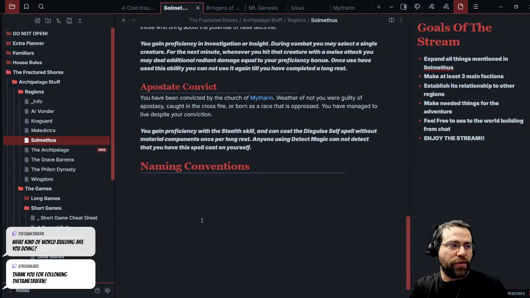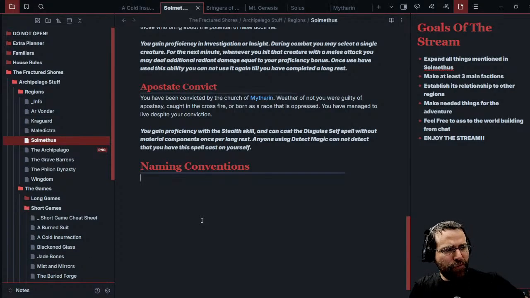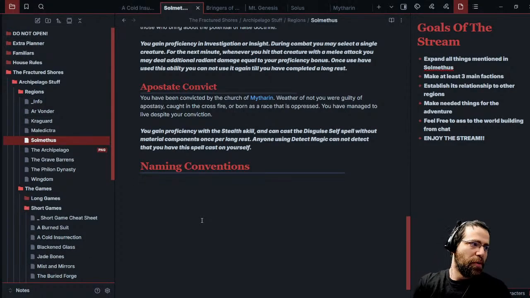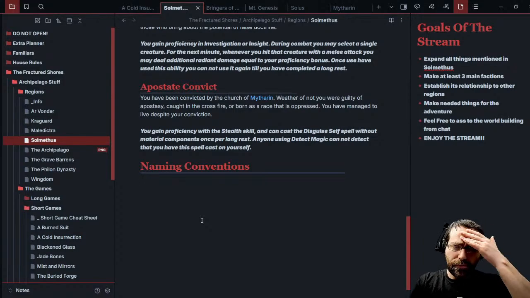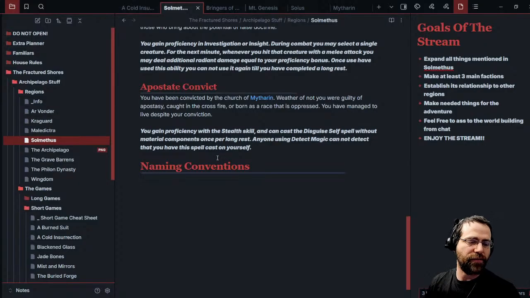I am developing my regions a little bit more on a slightly more macro level, and then I'm going to do a small amount of micro for an adventure that I have in the region. So, what we're working on is a region that I call Solmethus. It is very heavily designed around the Catholic Church back in, I'd say, the 5th to 8th century time range.